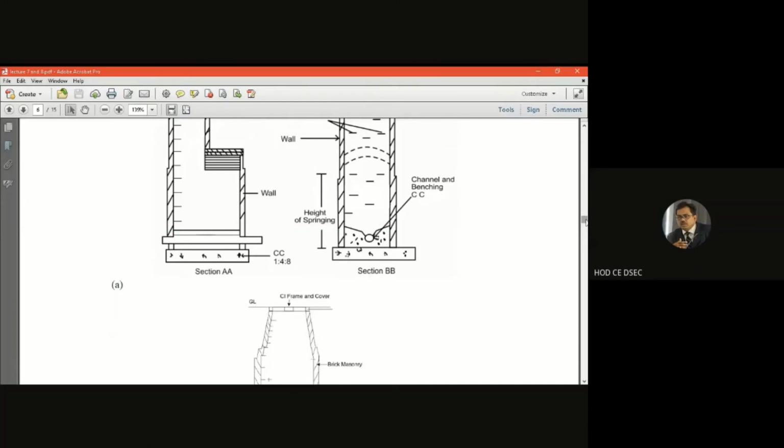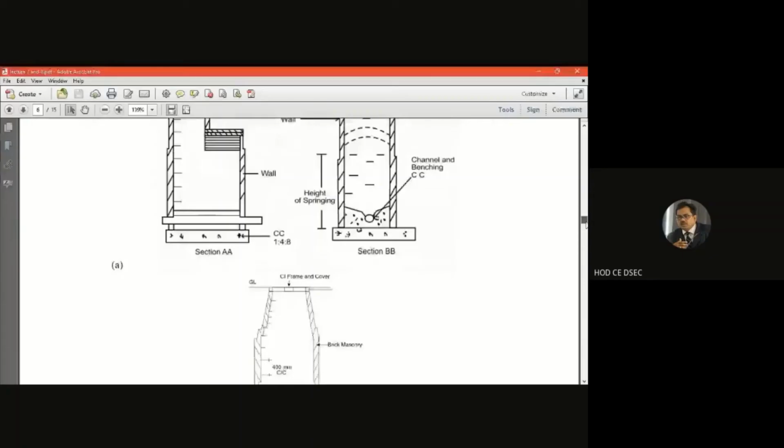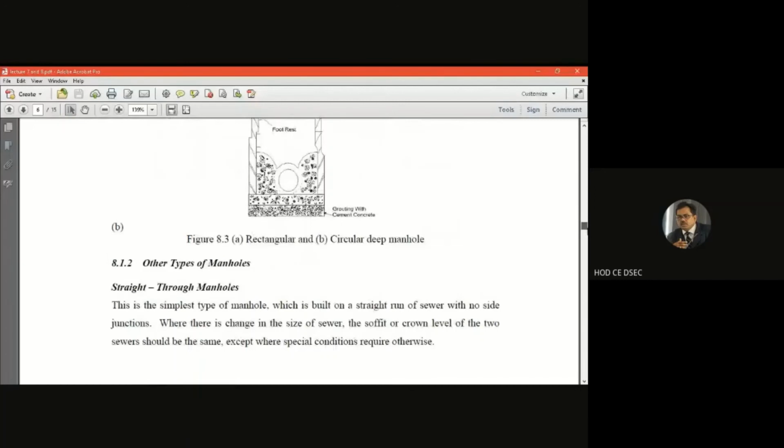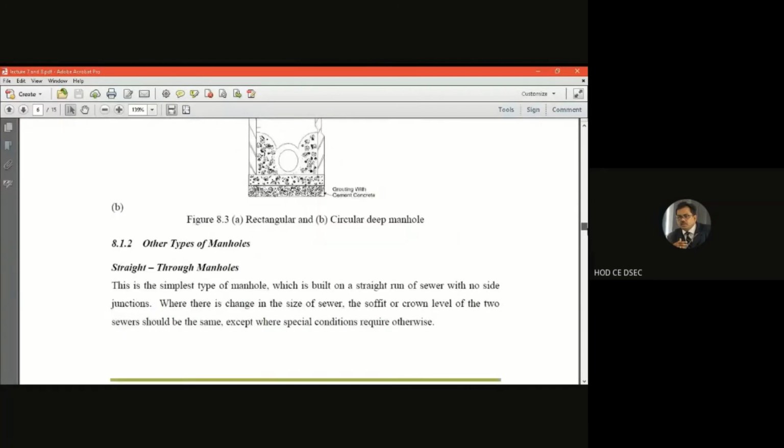Here the concept is what is the manhole, the sewer appurtenances. So it may be shown as a brick hatch line, but generally these types of deeper manholes are made to resist the lateral earth pressure. That as a civil engineer I must tell you. So three manholes, according to the depth you are concerned.